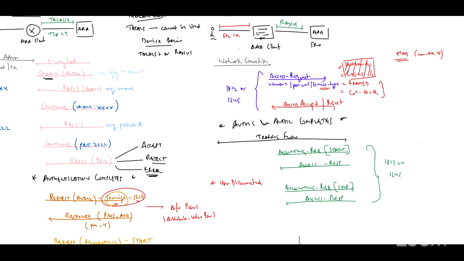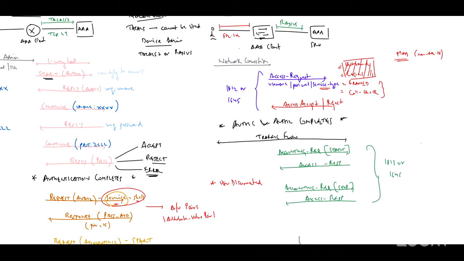From a security perspective, natively, TACACS Plus encrypts the entire payload, which basically means it encrypts the credentials, the user ID as well as the password or whatever the credentials might be. RADIUS only hashes the password field. Nothing is done to the user ID.